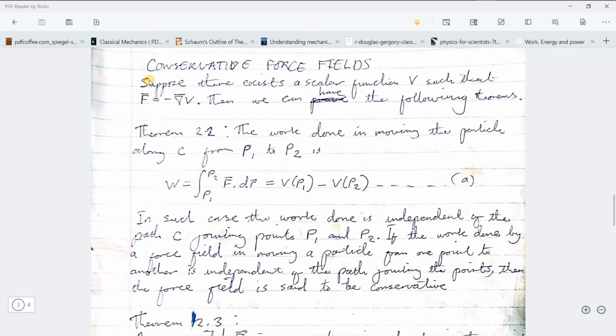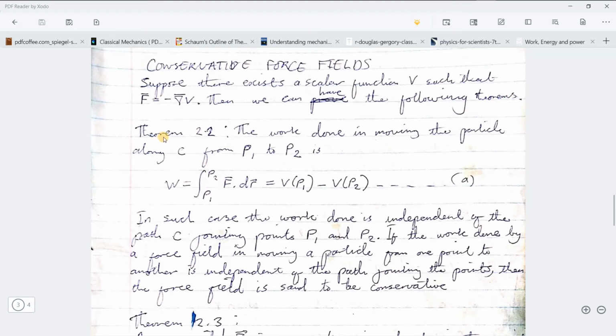Okay, so I'll read the statement again. Suppose there exists a scalar function V such that F, the force, is equal to the negative gradient of V. This operation here is called a gradient, the negative gradient of V. Alright, then we're saying that we can have the following theorems.